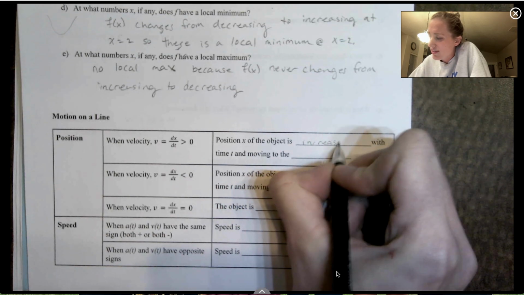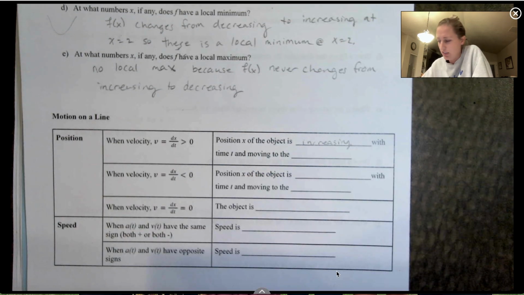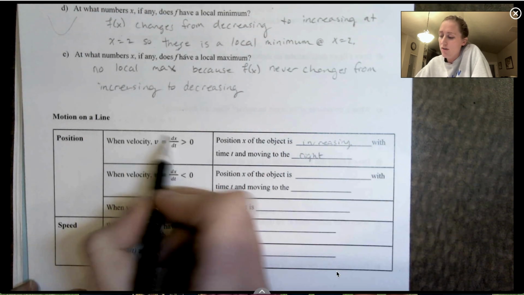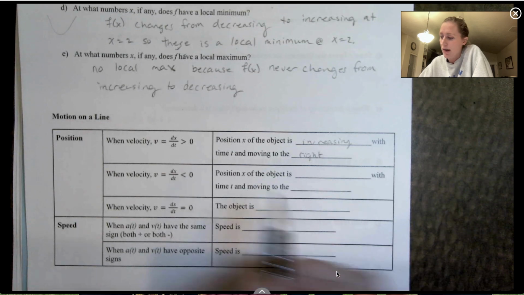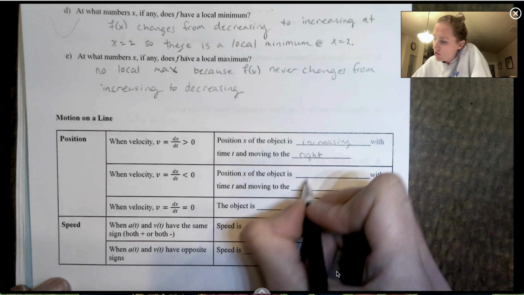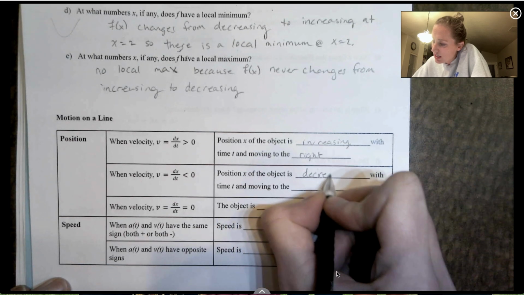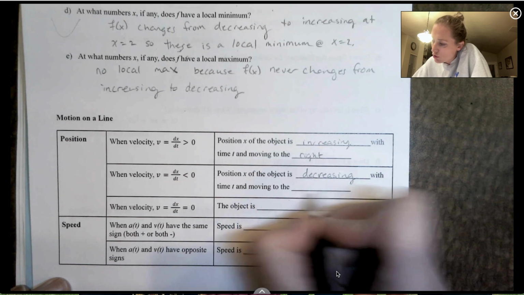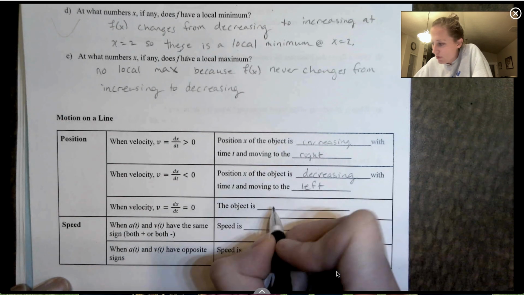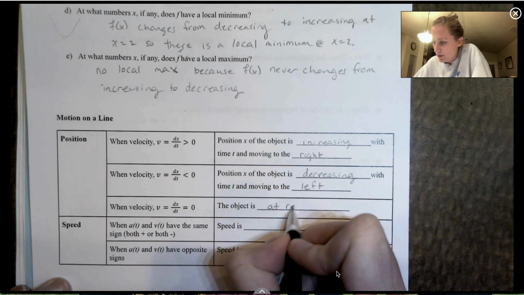So in other words, the distance from the starting place is increasing, and it's going to move to the right if our velocity is positive. If our velocity is negative, our position is decreasing and it's moving to the left. If our velocity equals 0, then the object is at rest.